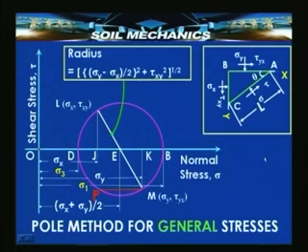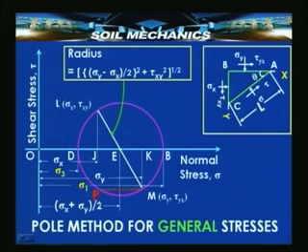That is nothing but the set of stresses normal and shear acting on the plane AB, which is horizontal. So, point M represents the state of stress acting on a plane AB, which is horizontal. So, from point M, if you draw a line MP parallel to the plane on which this state of stress acts, then the point P where it intersects the Mohr circle is known as the pole.